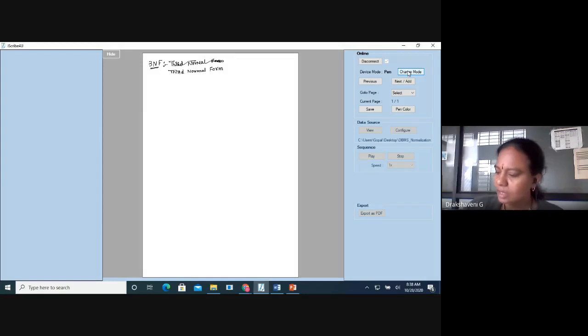The first point it says: all non-key attributes of a table must be functionally dependent on the candidate key.